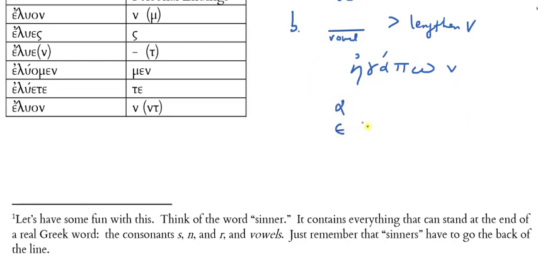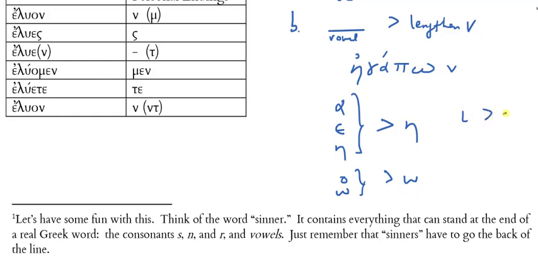So alpha, epsilon, and eta, all of these at the beginning of a verb stem, those are all going to be eta once the lengthening happens, okay? All right. So omicrons and omegas, those are going to be an omega at the end of the day.